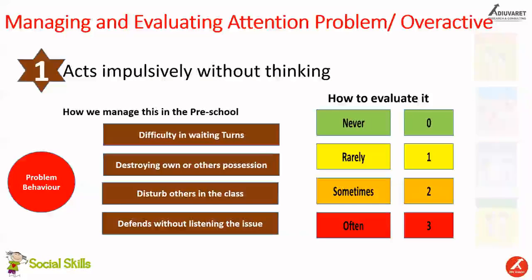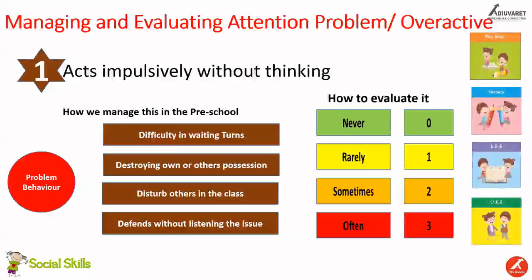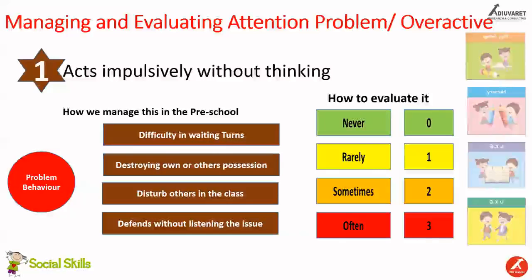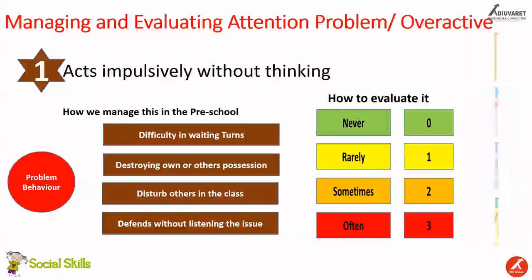So out of these 4 checkpoints, our total maximum score would be 12 and the total minimum score will be 0. If we get a score of 0 to 4, then we should be happy that our child is absolutely fine as far as impulsive behavior is concerned.